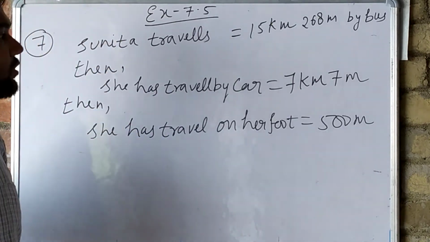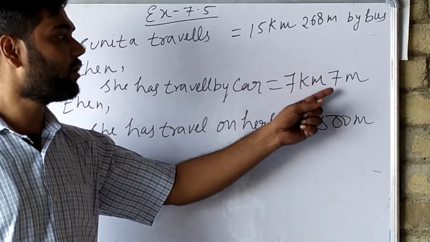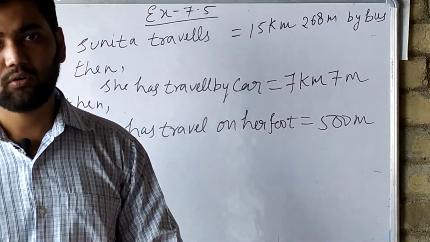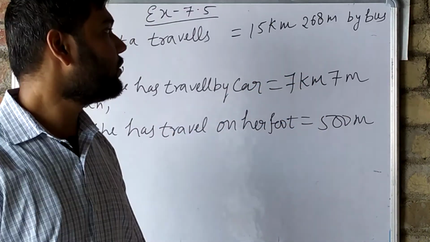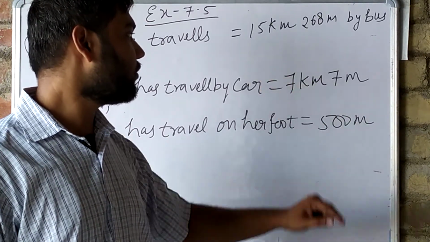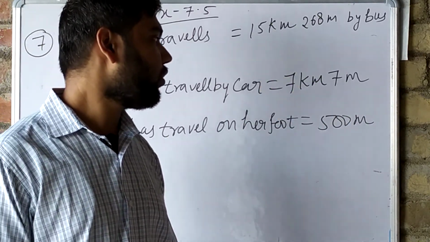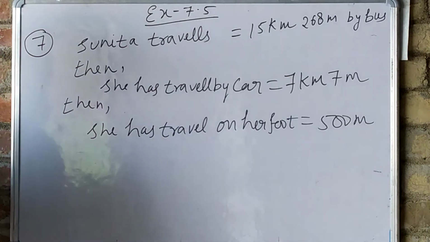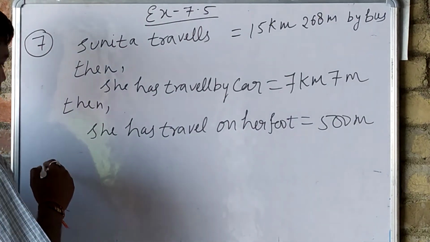So, but for that what we have to do? We have to convert them into 1 unit. Okay, after that only we will add. First we will convert them into 1 unit, or see we can do like this also.